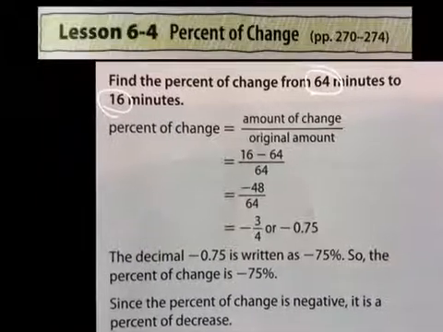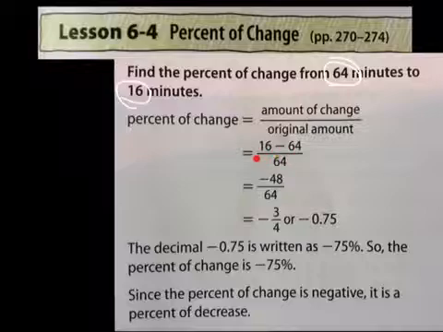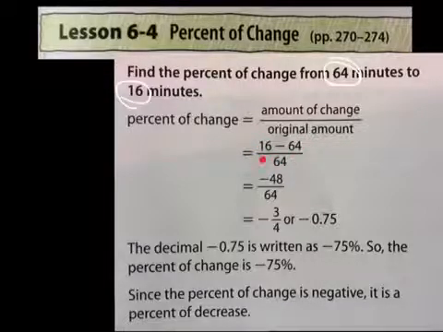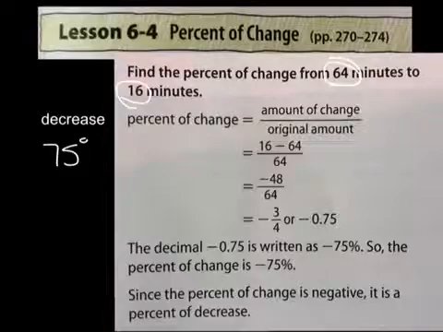Now, in future, you don't have to do the smaller number and the larger number afterwards. You just find the difference. And you know how to find the difference by subtracting the smaller number from the larger number. You know that. But you also can see, simply using logic, that it went down. So it's a decrease. It's a decrease of 75%.